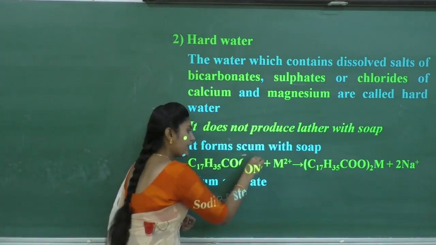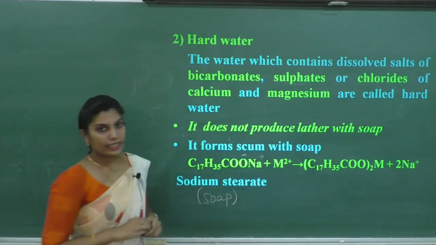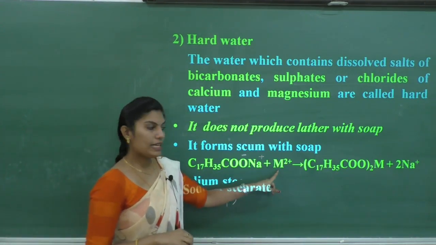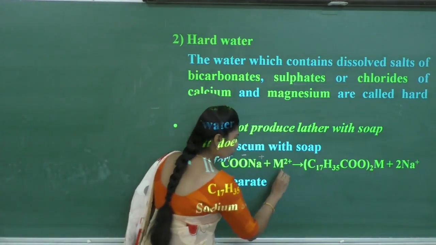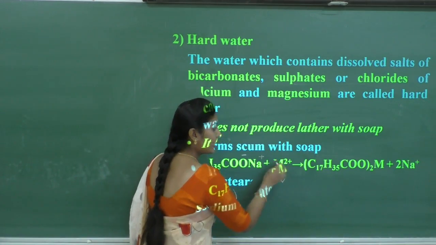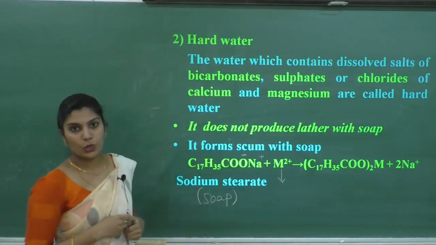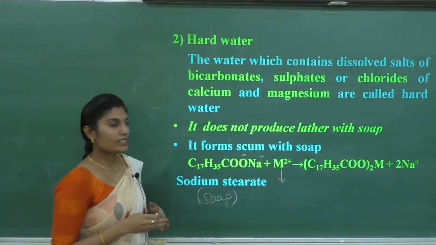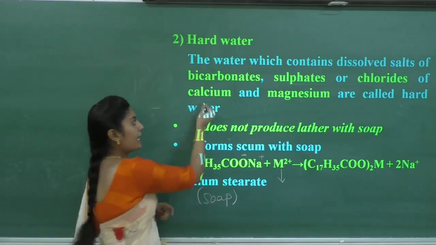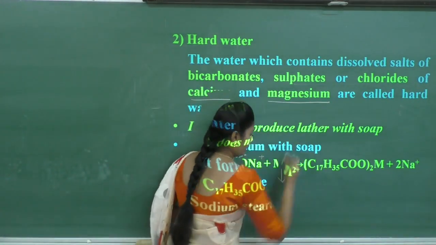Here C17H35COO- is the anion and Na plus is the cation. M2 plus represents the cations present in the hard water. Which cations are present in hard water? Calcium and magnesium.